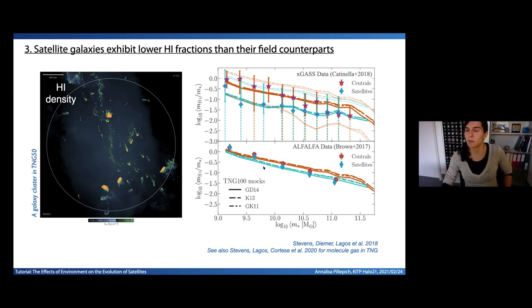Centrals are in reddish pink, and satellites are in cyan. And you can see that centrals have higher gas fractions. This depends, of course, on where you're looking. This is why it's different between xGASS and ALFALFA, the beam size, for example. In TNG, this is happening while our galaxies are beautifully ram pressure stripped, as you can see on the left in the HI map of a group of galaxies.